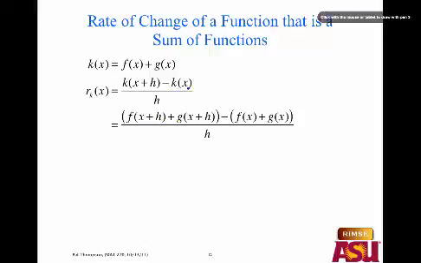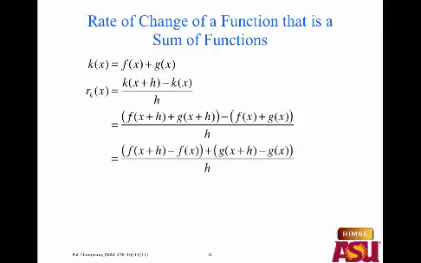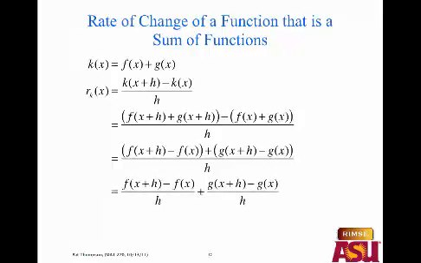And then this is simply minus k of x, which is f of x plus g of x. Okay, now we're just going to change the order in the numerator. I'm just going to group the f of x plus h with the minus f of x, and the g of x plus h with the minus g of x. And then I'm going to split it up into 2.